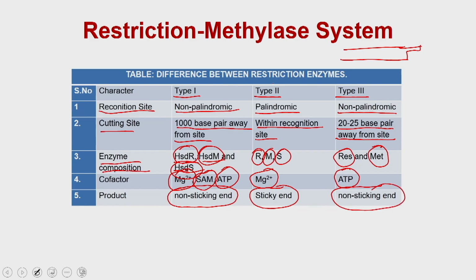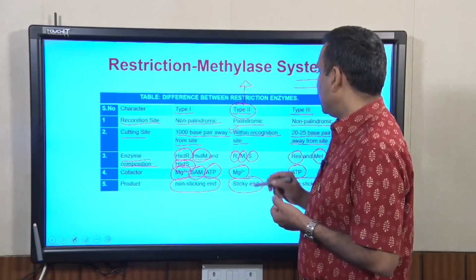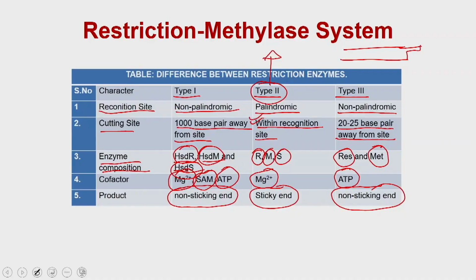This means type 2 restriction enzymes have relevant applications in molecular cloning, because they recognize and cut within the recognition sites and generate sticky ends.